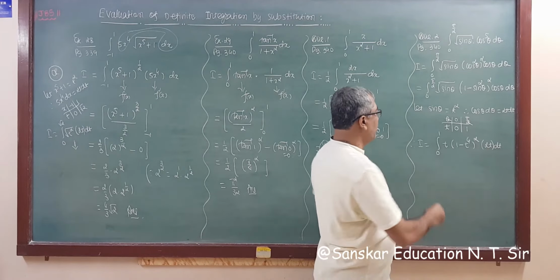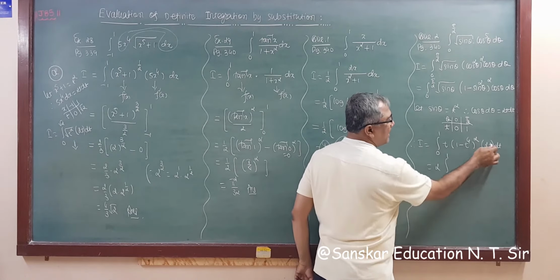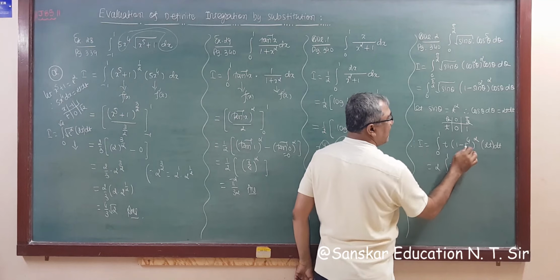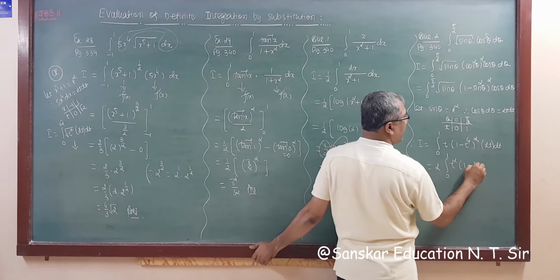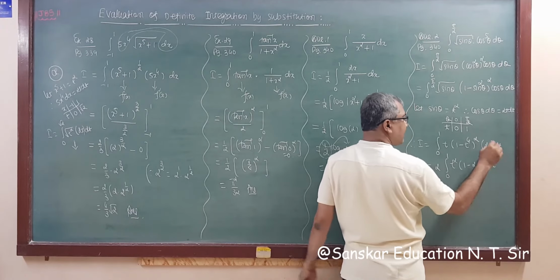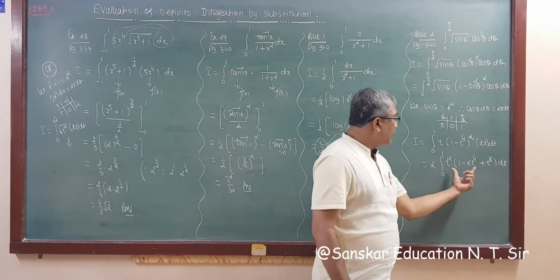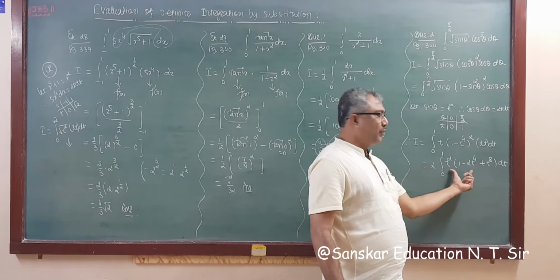So this 2 is constant, integration 0 to 1, this t and this t, this is t square, and the expansion of this is 1 minus 2t raised to 4 plus t raised to 4 square, that is t raised to 8 dt. So now multiplying this, what do we get?